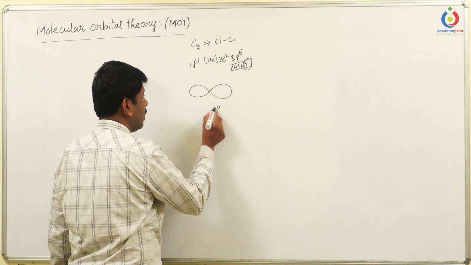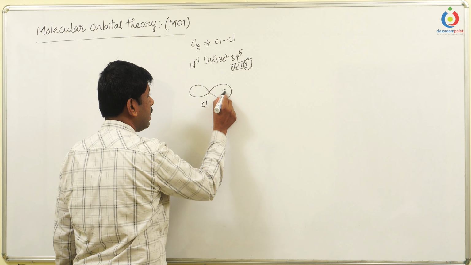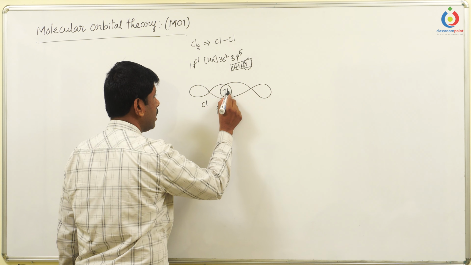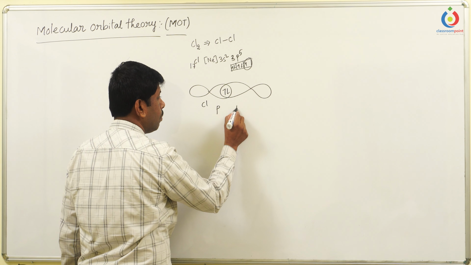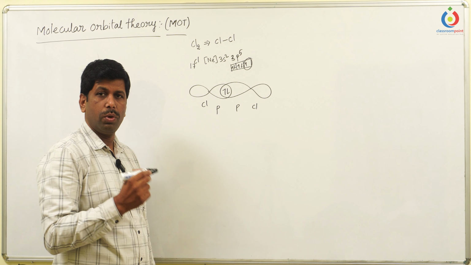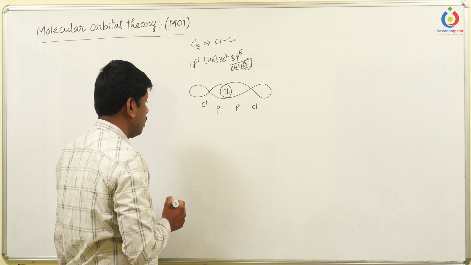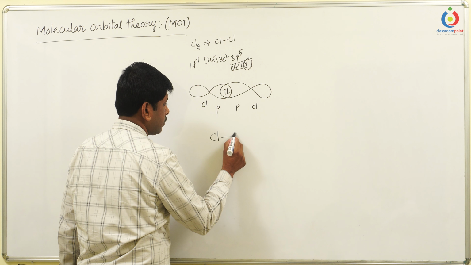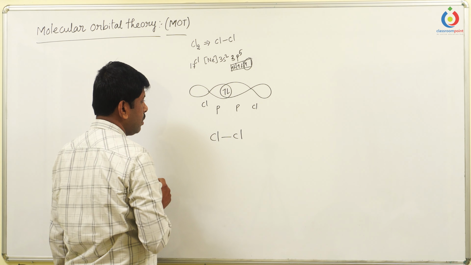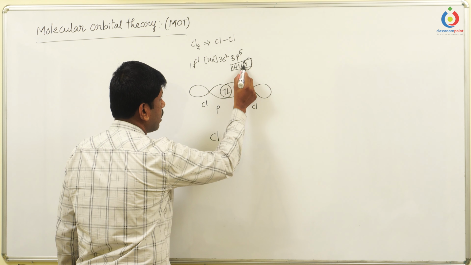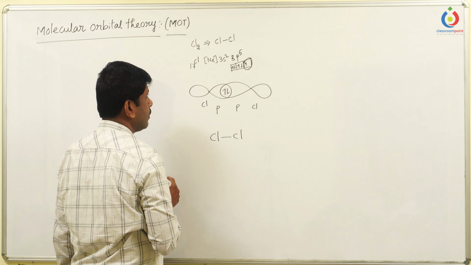This is the p orbital of one chlorine having the unpaired electron and the p orbital of the another chlorine having the unpaired electron with opposite spin overlaps and produces the chlorine-chlorine sigma bond, or we can say the single bond. So in this chlorine-chlorine single bond, from every chlorine atom only one electron is participating.